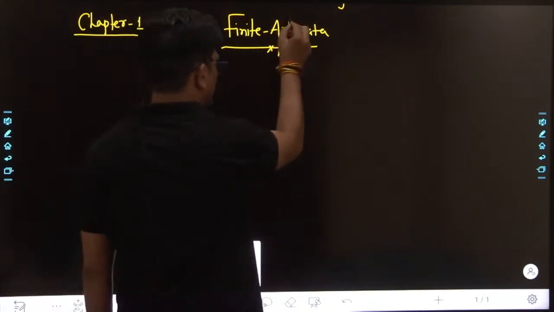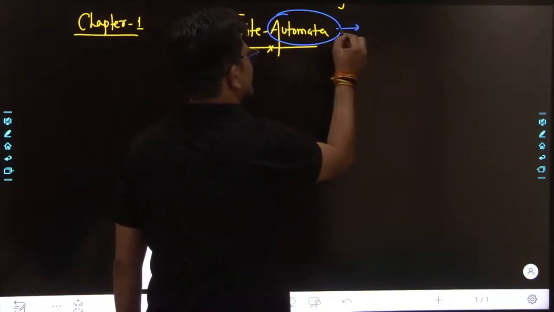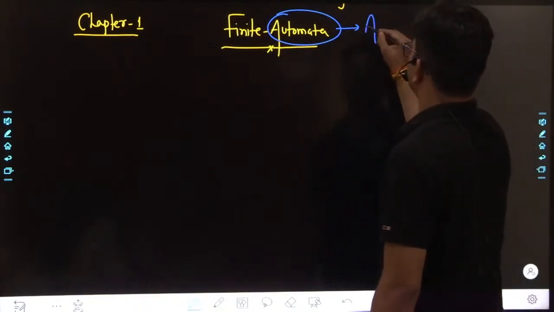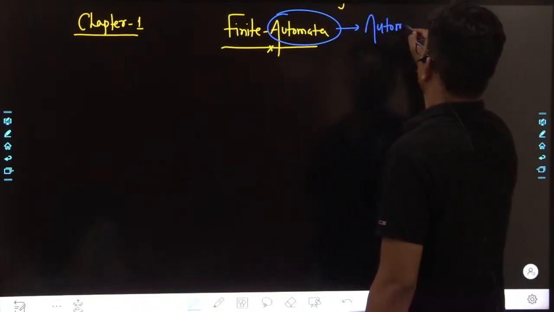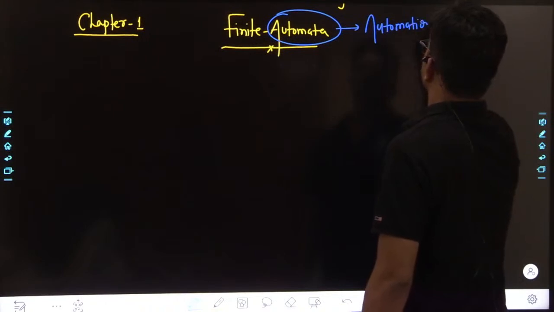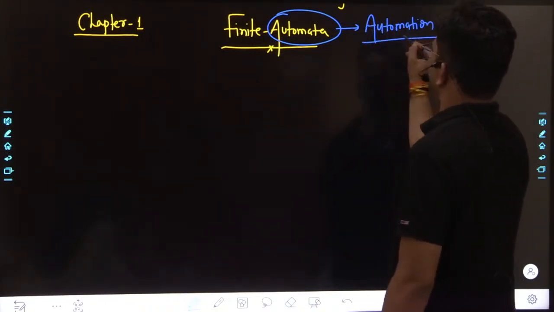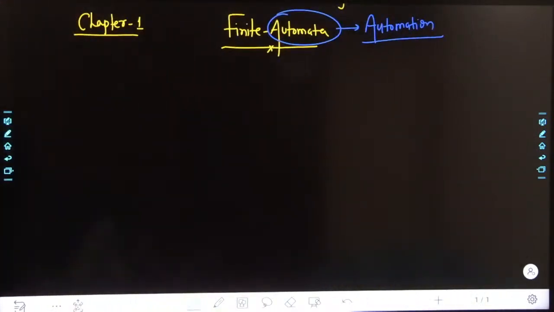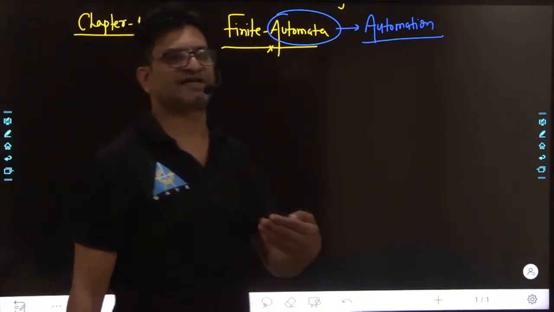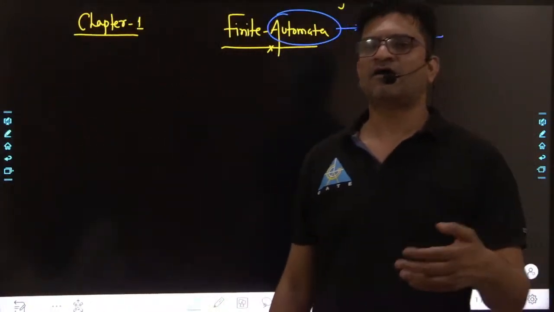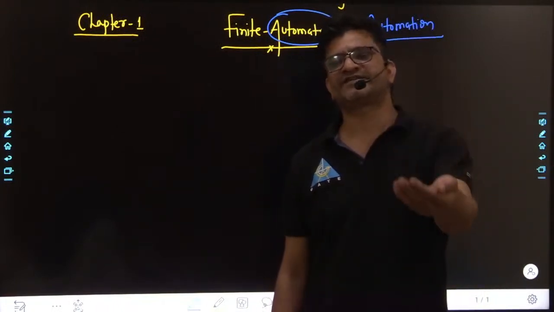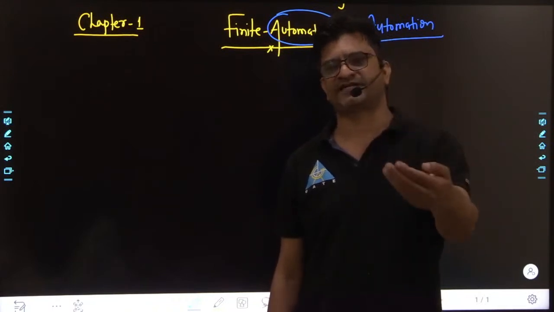The word automata is taken from the Greek word automaton. Automaton is the singular word and automata is the plural form of automaton. What is the meaning of automaton? Self-acting, or something that happens automatically, or we can say an abstract machine.